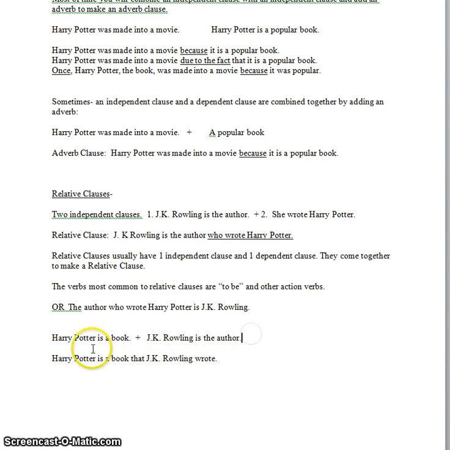So what I did is I combined Harry Potter is a book with J.K. Rowling is the author. And now I'm going to use that. Harry Potter is a book that J.K. Rowling wrote. Why did I use that? Because book is not a person.